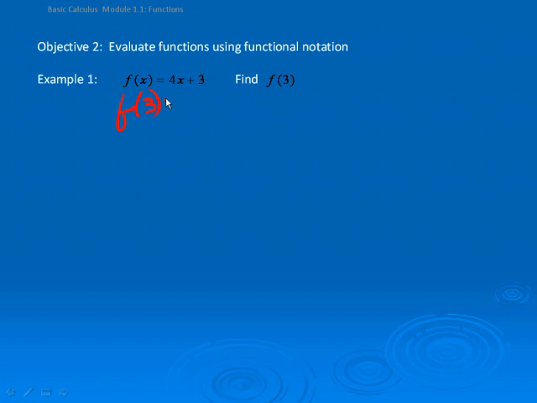All we're going to do in the regular function is replace x with that number 3. So notice that's 4x, and instead of x, I put 3 here, plus the 3. That will give me 12 plus 3, which will give me 15. And so now I have found f of 3, which is equal to 15.